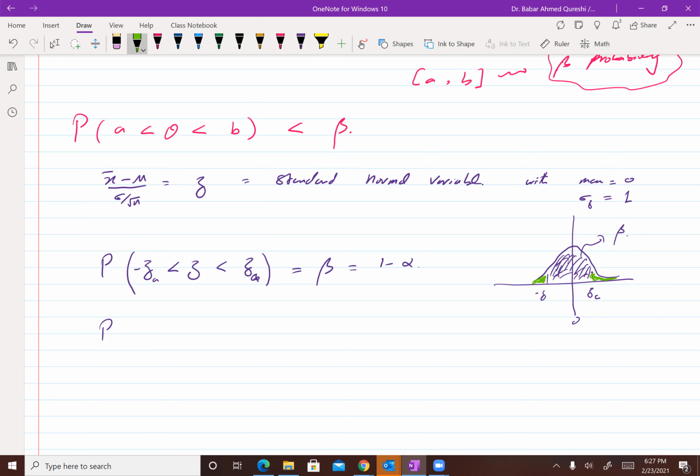So this probability would be the same as, if this total is alpha, then this area is alpha by 2, and this is also alpha by 2.